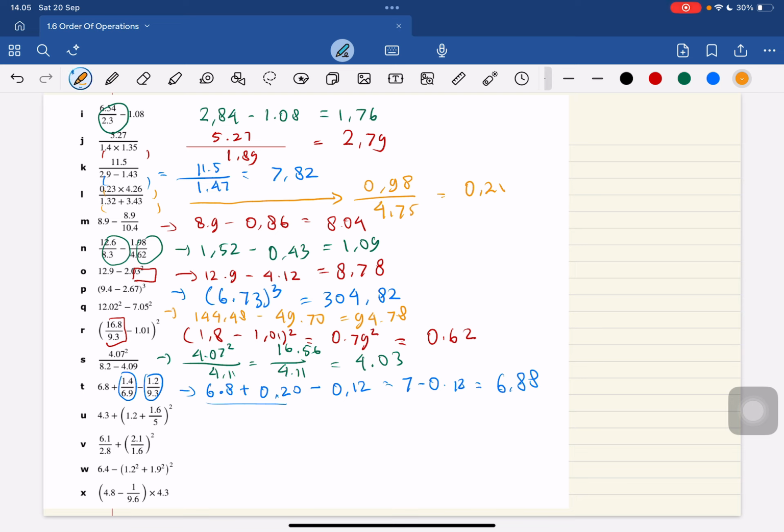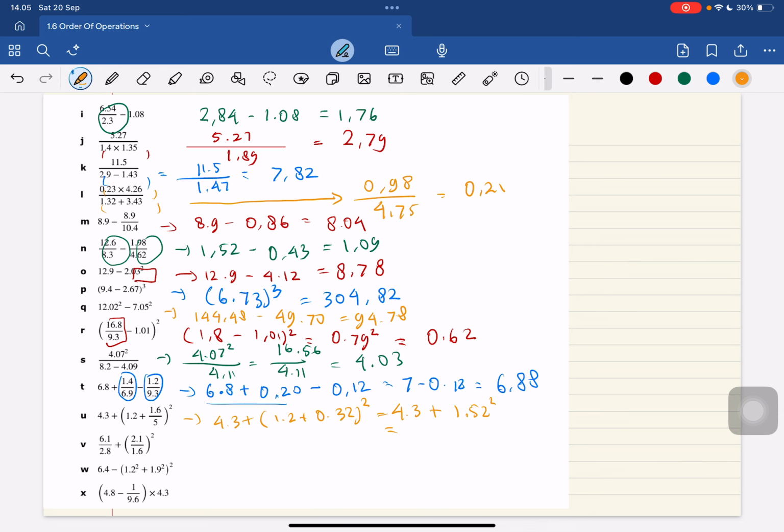Next, finish the bracket first. So keep it 4.3 plus bracket 1.2 plus 1.6 we divided by 5 will give us the answer of 0.32. Okay, finish the bracket. So it's going to be 4.3 plus 1.2 plus 0.32 will give us the answer of 1.52, and we make it square.